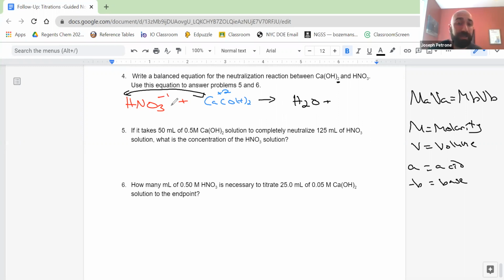So to balance out that charge, for every one calcium, we're going to need 2 of these nitrate ions. So 1 calcium and 2 of these nitrates.